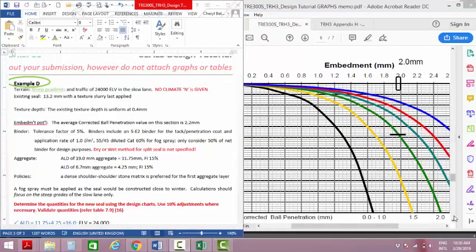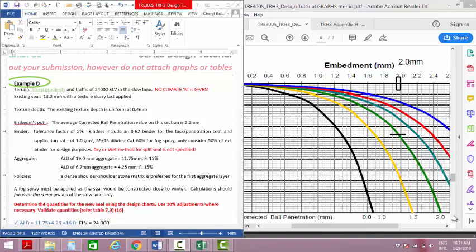So now we move into the calculation, and as we look at it, it says that terrain comprises steep gradients with traffic at 24,000. So as we're dealing with steep gradients, we have to subtract binder, typically at 10%. Further on, it talks about the corrected bore penetration value on the section being 2.2.